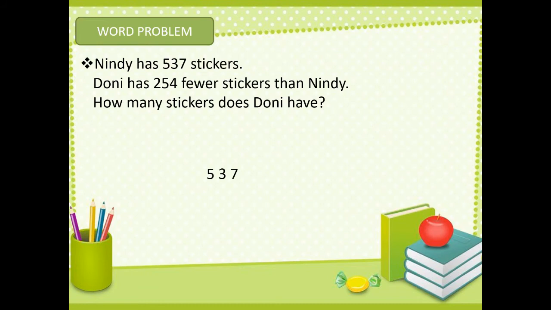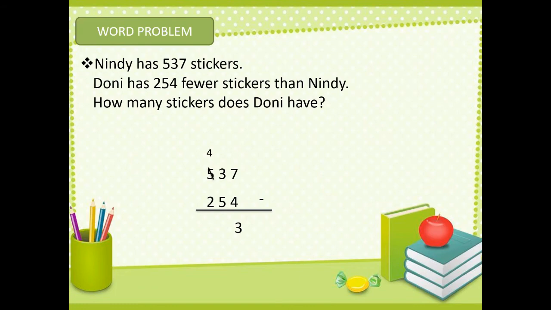Okay. Look at this. 7 ones minus 4 equals, yes, 3. Now, we cannot subtract 5 tens from 3 tens. So, we regroup 100 into 10 tens.